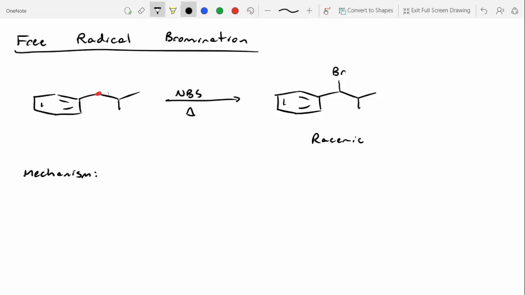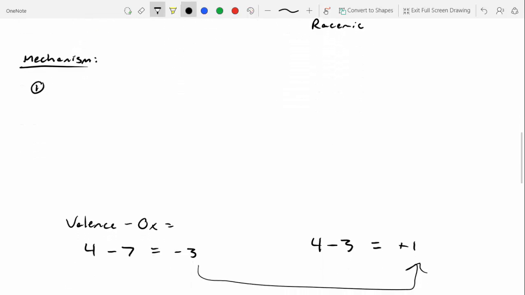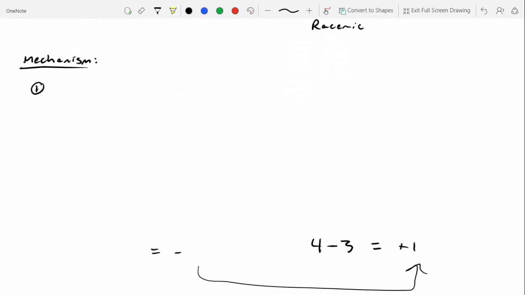What's the first step in free radical bromination? Initiation. Does anybody remember what NBS looks like? All right, it's a ring system.